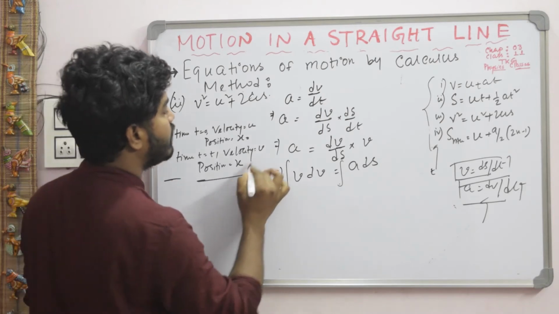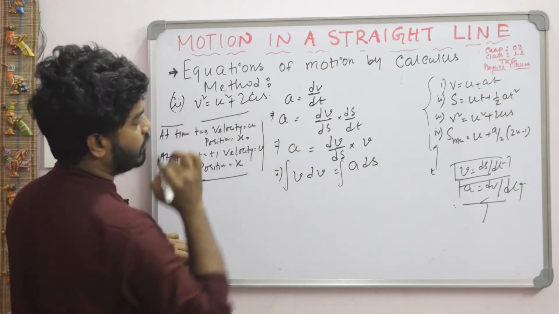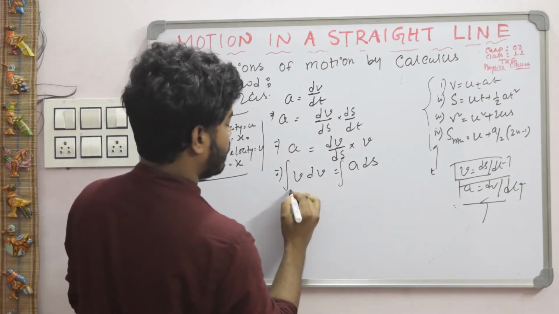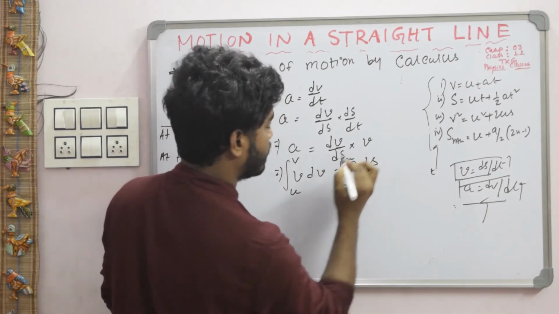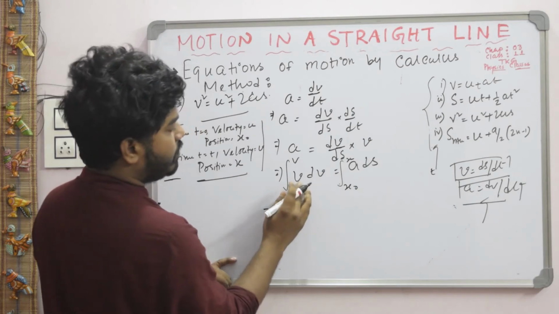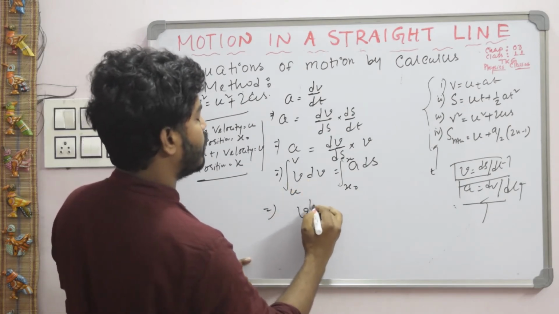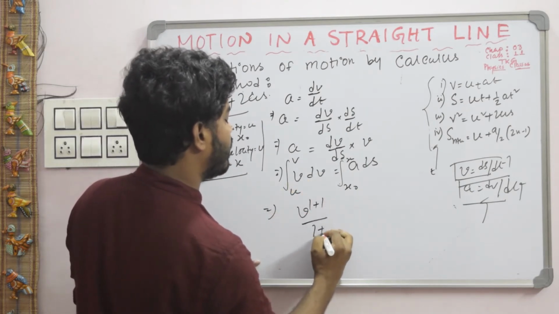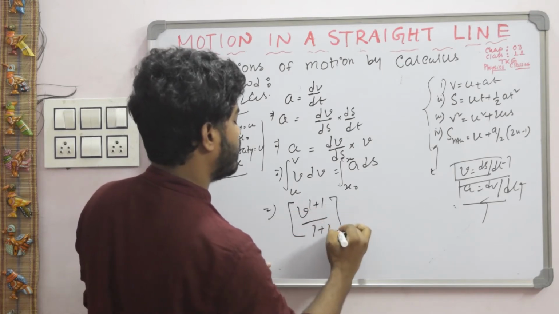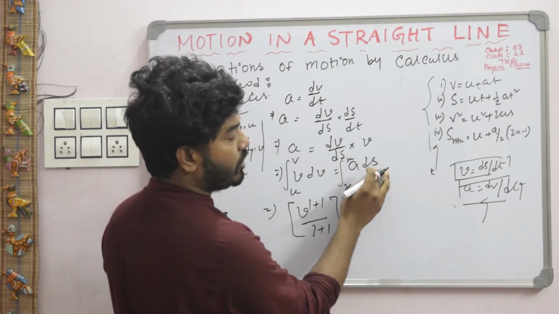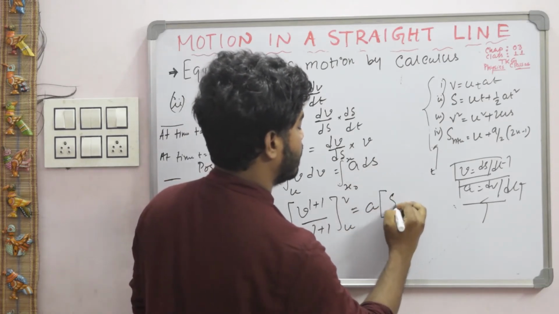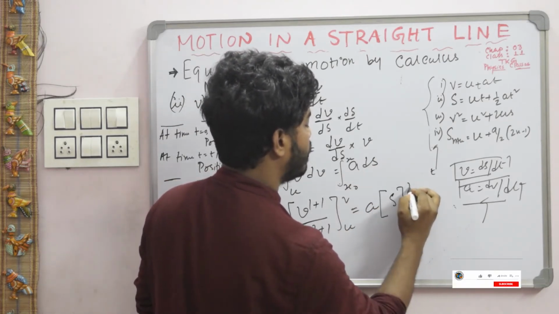You can use this limit: u to v, and x naught to x. So use v dv, that is v to the power 1 plus 1 divided by 1 plus 1, limit u to v, and a is a constant outside, integration of ds, that is s, x naught to x.